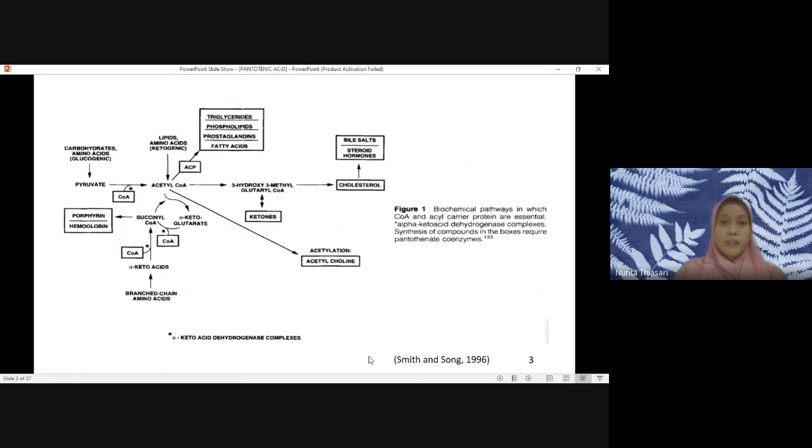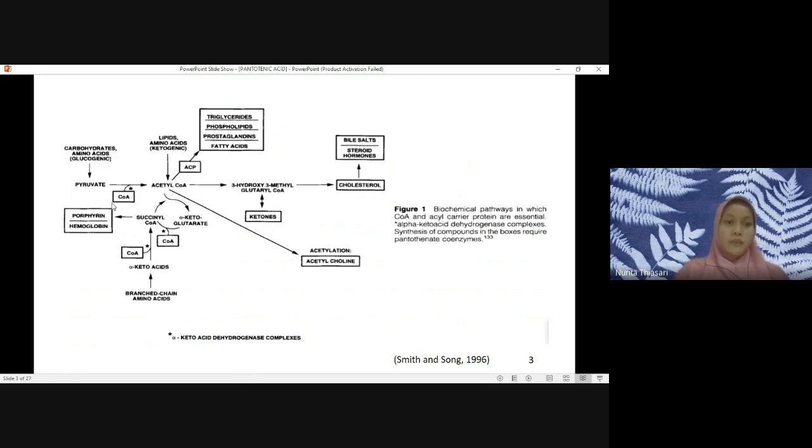In this figure, I would like to explain the biochemical pathway in which coenzyme A and acyl carrier protein are essential. So I start from this part. Carbohydrate and amino acid will be broken down into pyruvate. And then the pyruvate will be converted into acetyl-CoA.